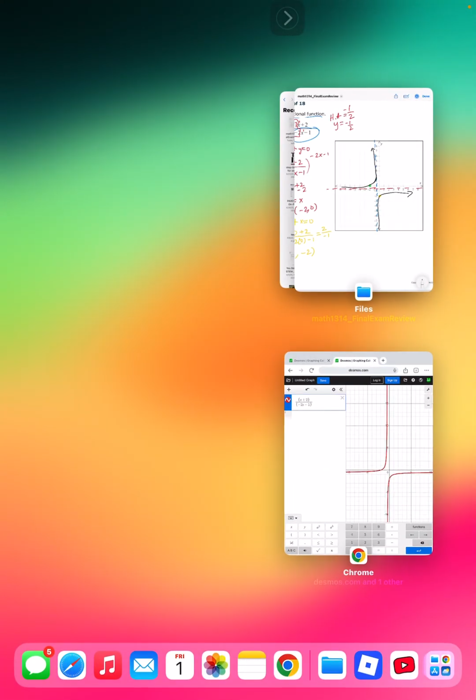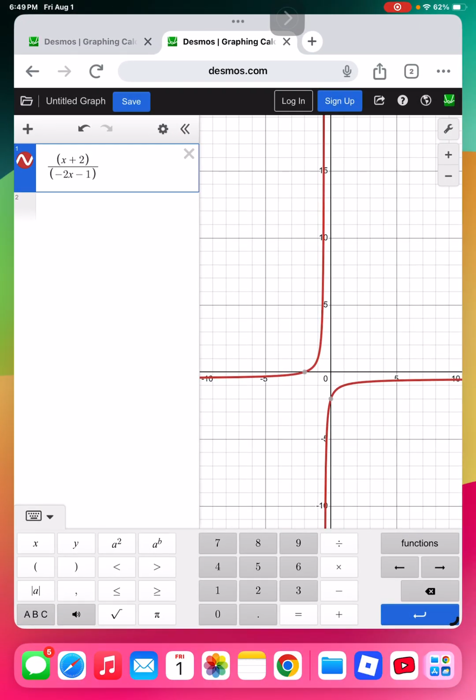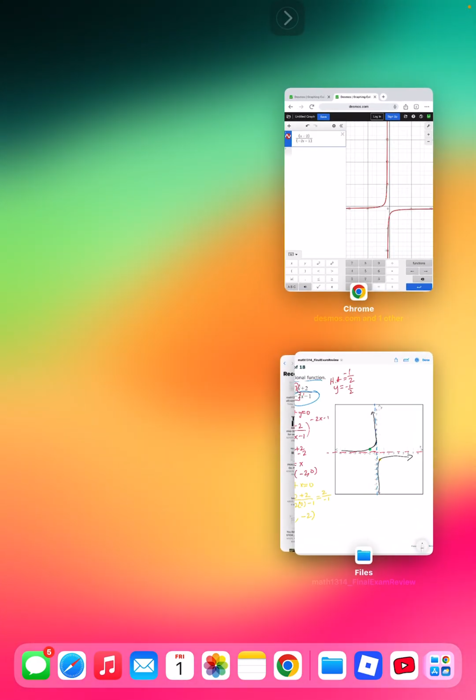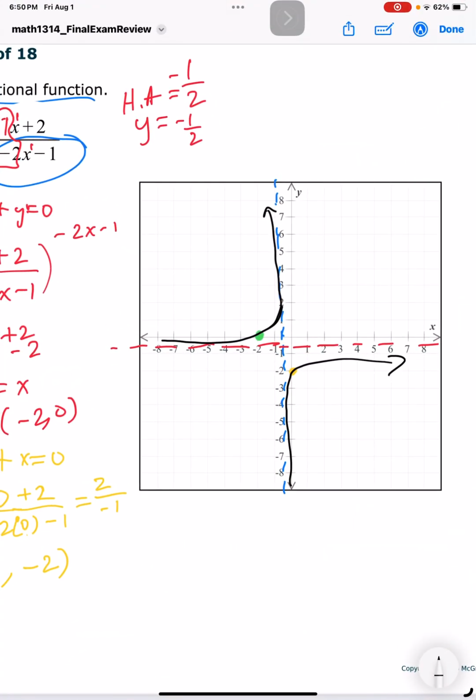So again, like what I did last time, I went ahead and pre-programmed it into Desmos, and you can see that we have our ordered pairs of 0, negative 2, and negative 2, comma 0. And we get a very similar image as our sketch.